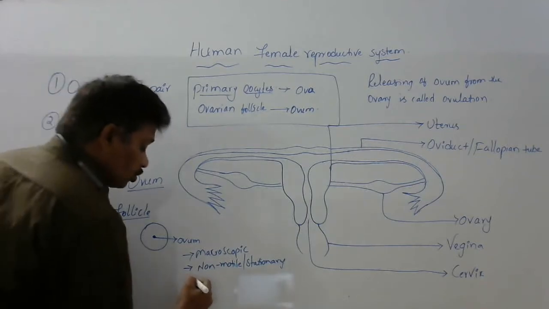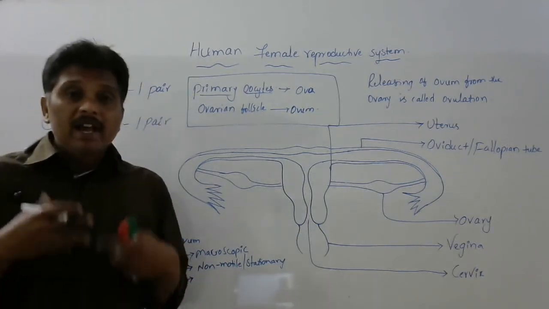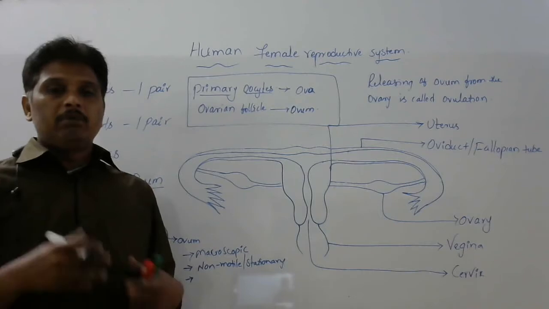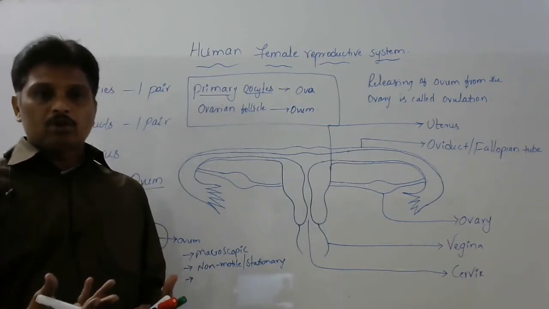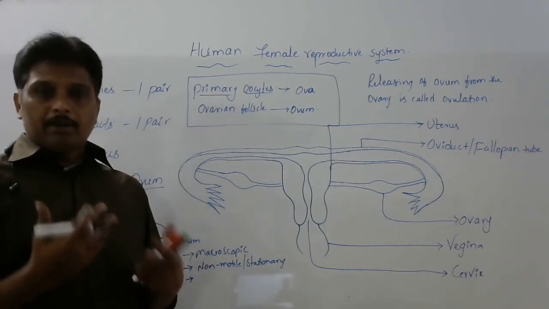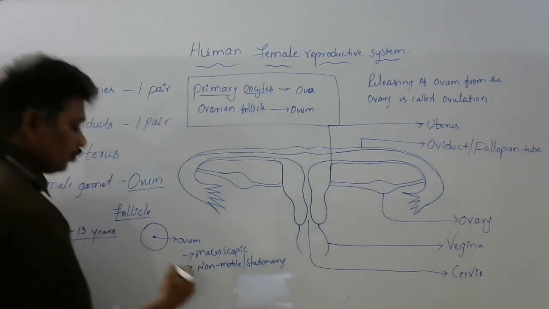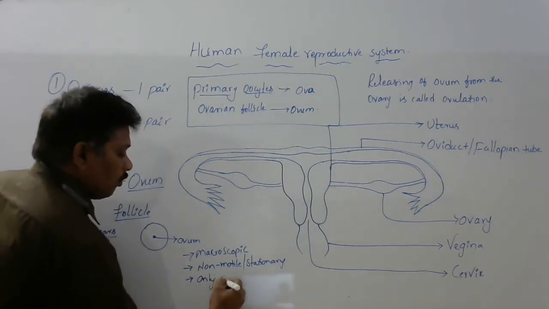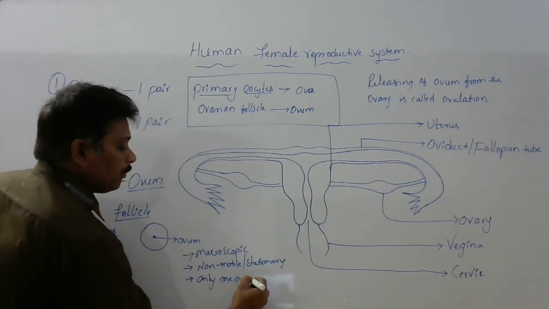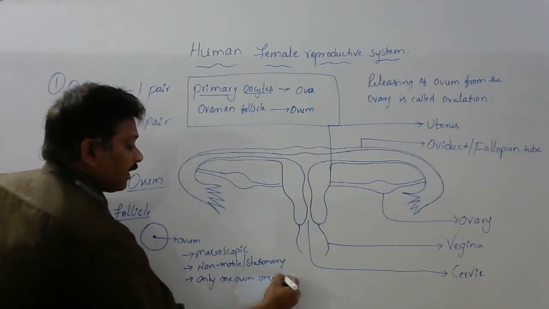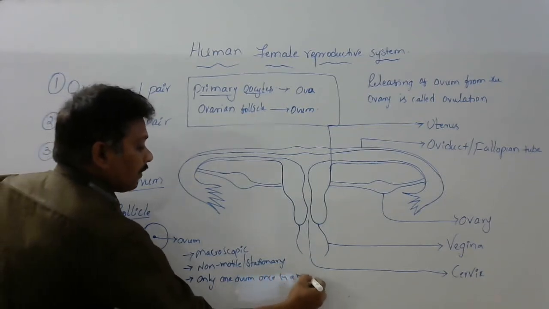Spermatozoa are produced in millions regularly by the male reproductive system. But here, only one ovum is released once in a month.